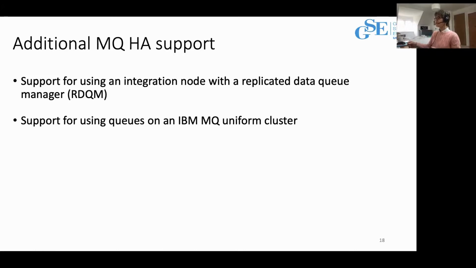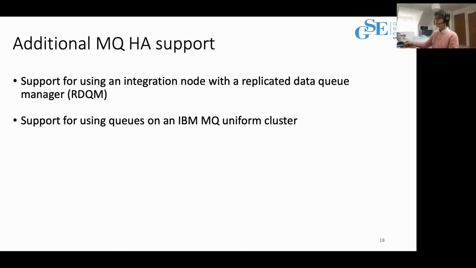So now you can use ACE to talk to these. You need to install ACE on each of those Linux boxes, and then you configure it to use the same volumes as MQ. So when you get the failover, you get your data replication too, so your data's all there ready to go.